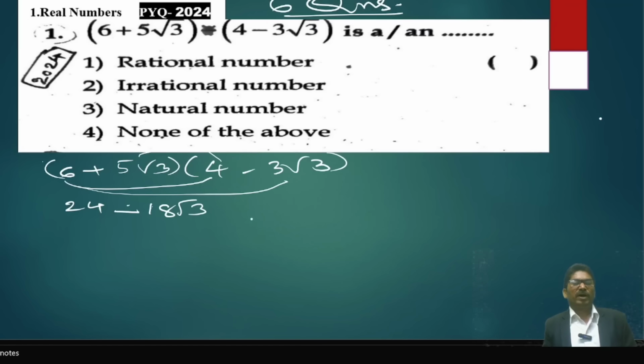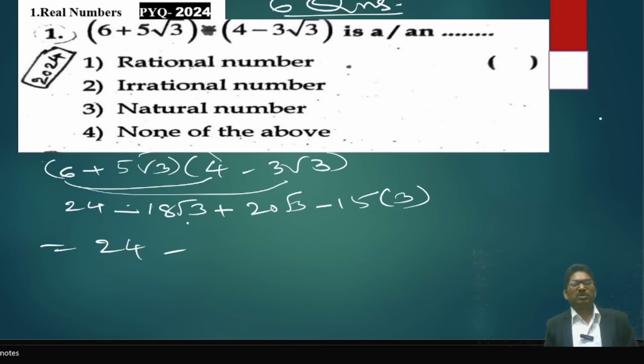Now 5 4s are 20, plus only 20√3, plus into minus is minus, 5 3s are 15, √3 into √3 is 3.